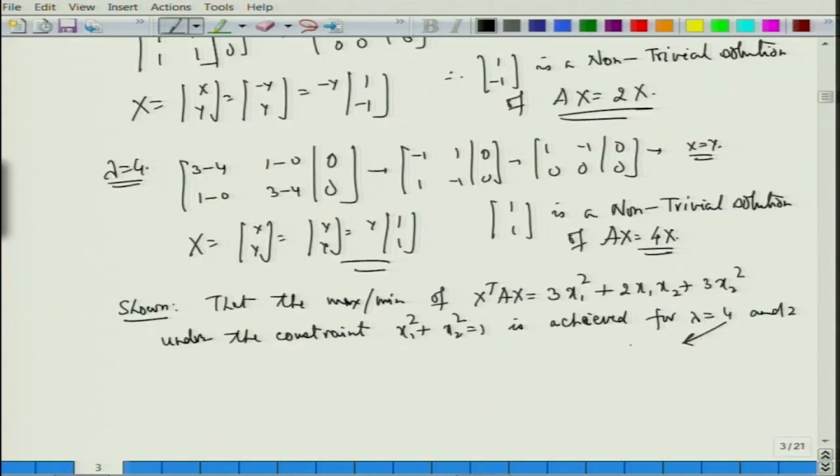This 4 corresponds to the vector (x1, x2) equal to (1, 1), and this 2 corresponds to (1, minus 1). So, just plug in the values here.